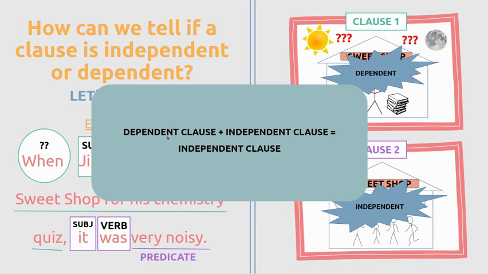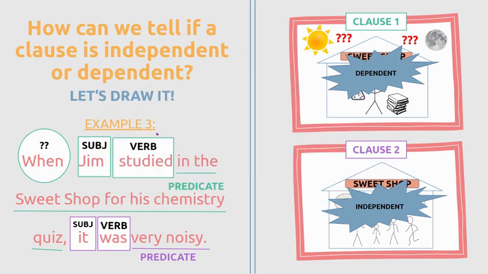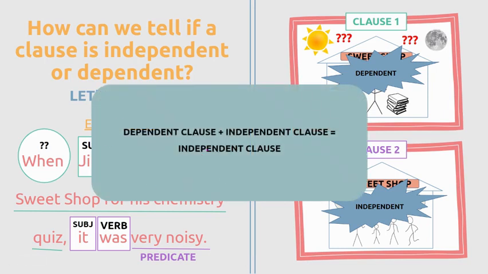Our dependent clause is depending on this independent clause to make the whole thing independent. So this entire thing is a complete sentence because our dependent clause isn't standing alone. Now, if you put a dependent clause with another dependent clause, it's not going to work for us. But anytime a dependent clause is paired with an independent clause, you have a complete sentence.